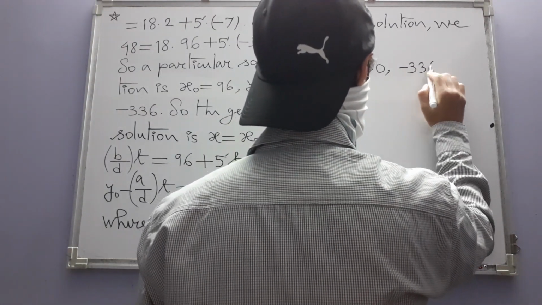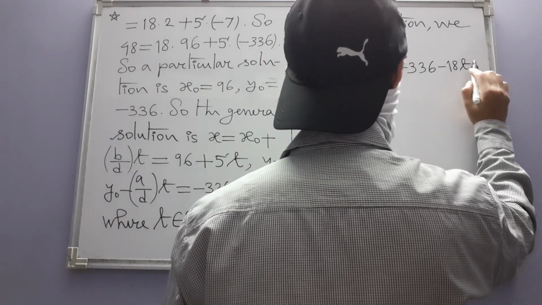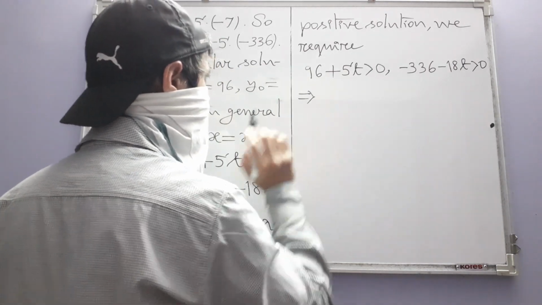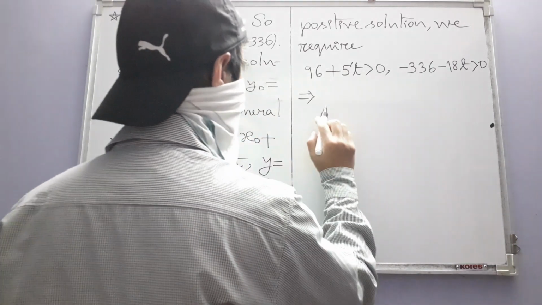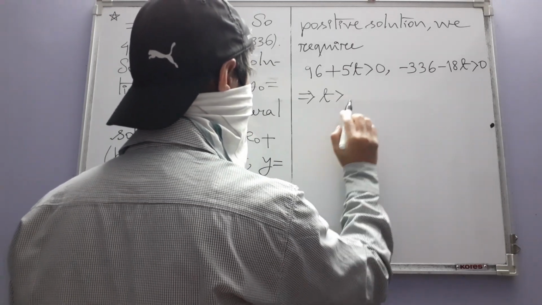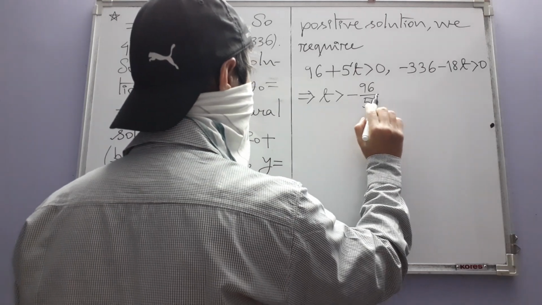Minus 336 minus 18t should also be positive. Now this implies what? t is greater than minus 96 over 5.